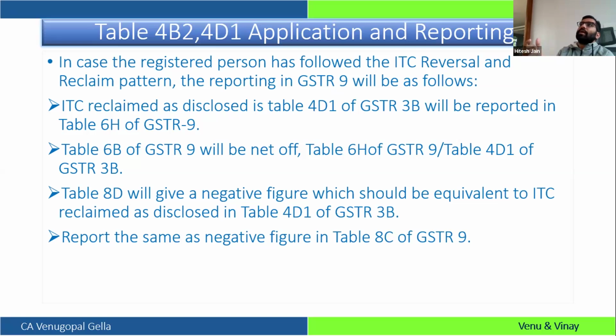The main purpose of table 8C is something different. But in order to avoid litigation and not make the officer feel that there has been a reporting error, we need to report the negative figures of ITC reclaimed as reported in table 6H in table 8C to nullify the effect.